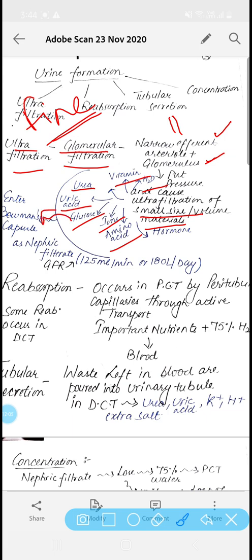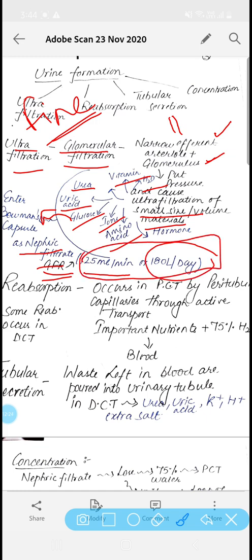They all enter the Bowman capsule, and then they leave the Bowman capsule as the nephric filtrate, and the glomerular filtration rate is 125 milliliter per minute, or we can say 180 liter per day. So this value is again important for the competitive exam.